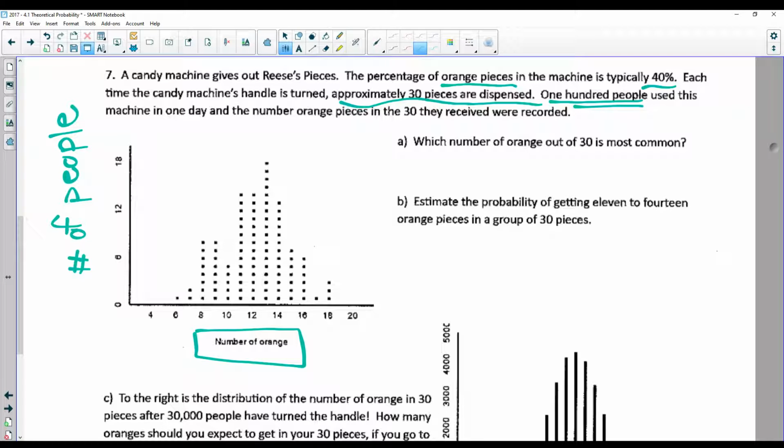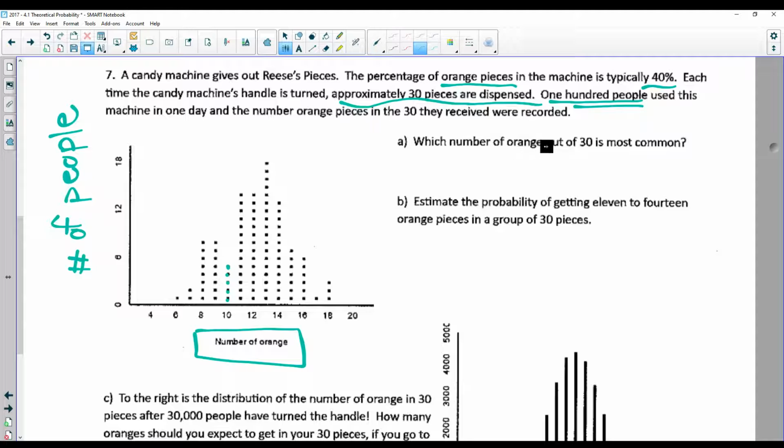Okay, so this is how many people got 10. So there were 1, 2, 3, 4, 5 people who ended up with 10 oranges in their hand. That's what that's measuring here. There's lots of numbers going on here. Now, where does the 100 come in? Well, there should be 100 dots on here. If you added them all up, that would be all the 100 people.